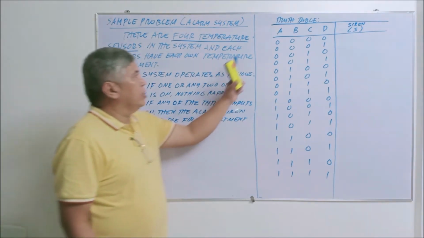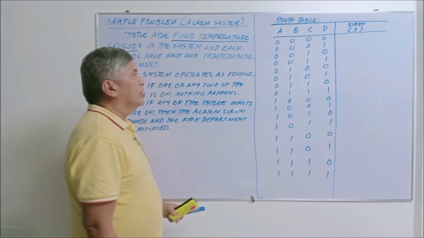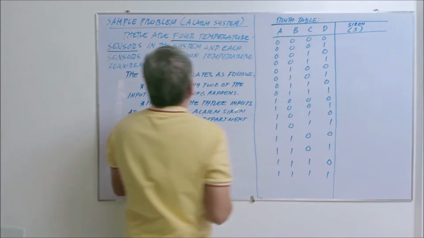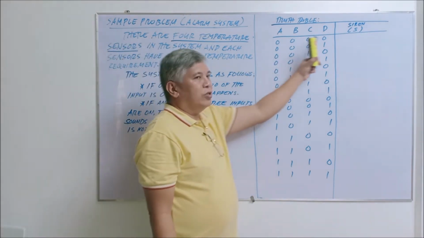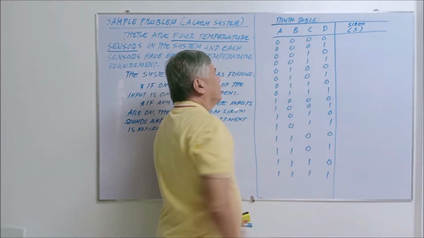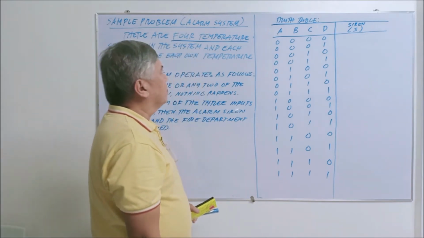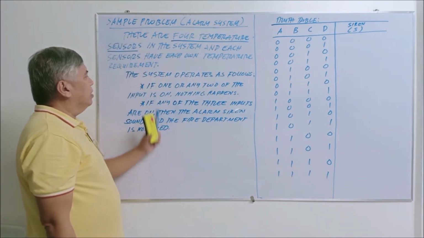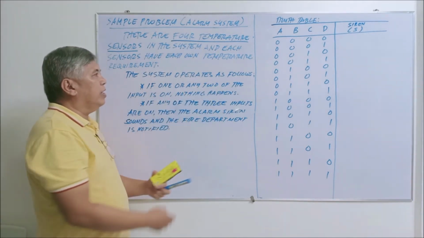So what we have here is a 4 variable input represented by A, B, C, and D. And these are our 4 temperature sensors, with each sensor having its own temperature requirement. Based on our requirement, if one or any 2 of the inputs are on, nothing happens.